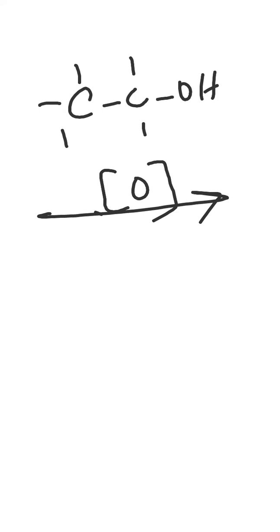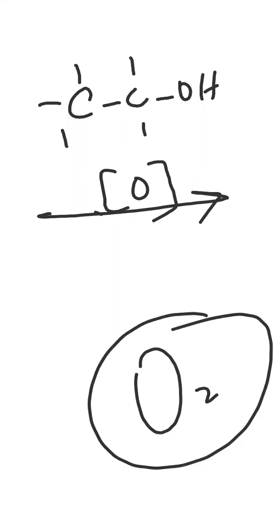There is a difference between oxidation and combustion reaction. We have combustion reaction in which you have to use oxygen gas, the diatomic oxygen, O2, which will burn the organic compound or hydrocarbon and will give you a lot of heat energy, because it is burning the hydrocarbon or organic compound. Combustion reaction means you are reacting ethanol with oxygen gas.